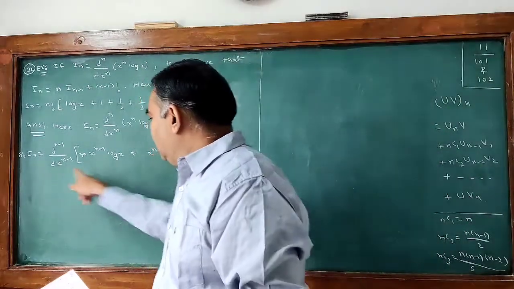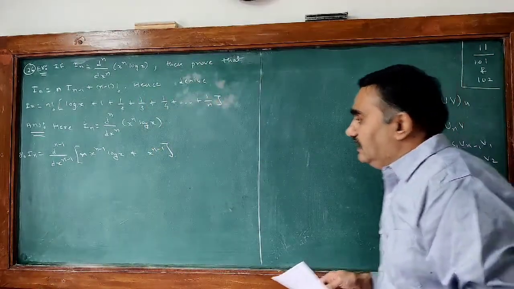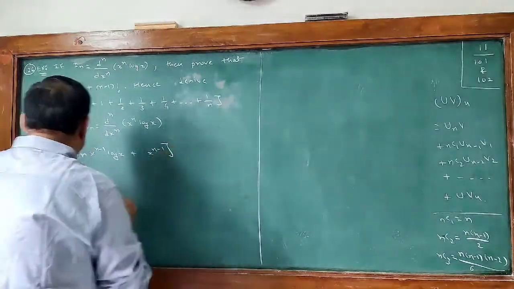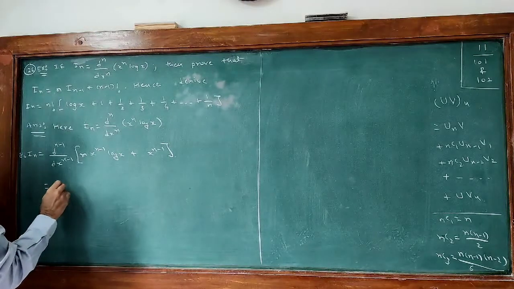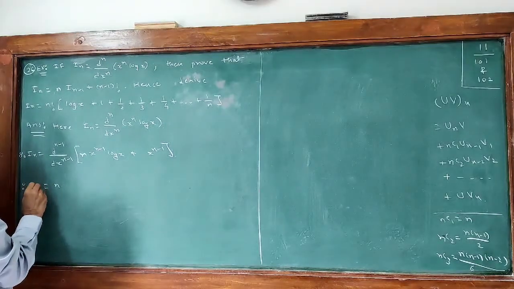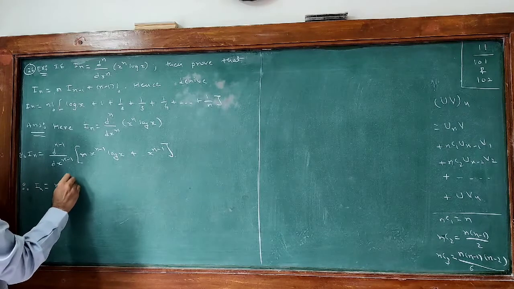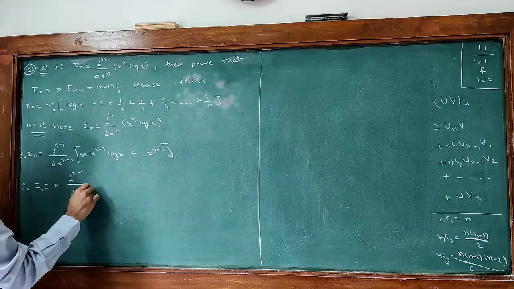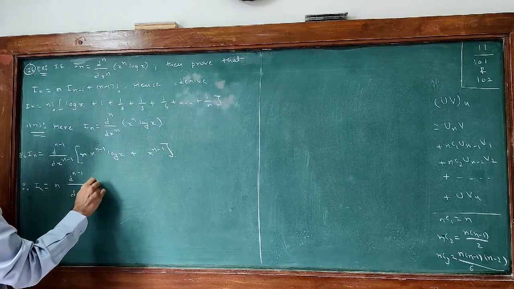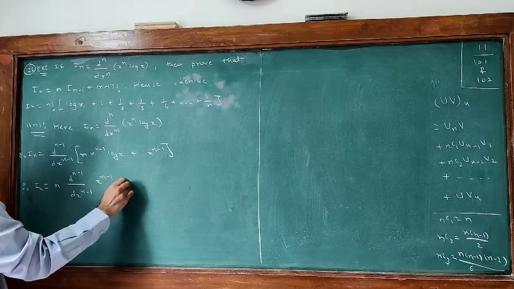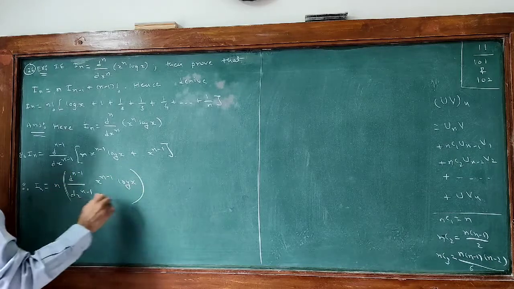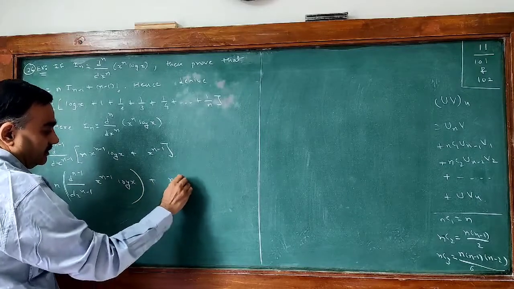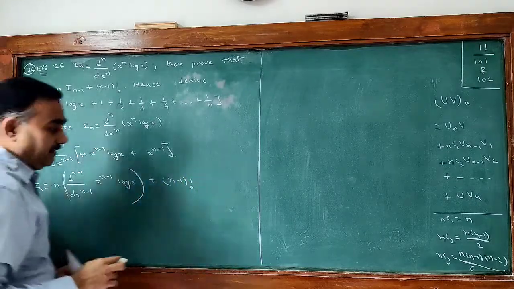Now we take this nth derivative inside. So we have I_n equal to n times d^(n-1)/dx^(n-1) of (x^(n-1) log x), and the nth derivative of x^(n-1) is (n-1)!.